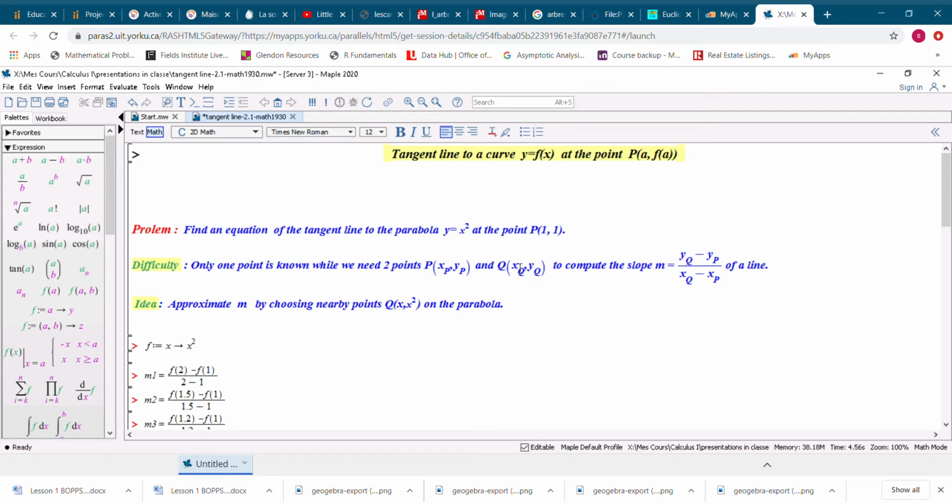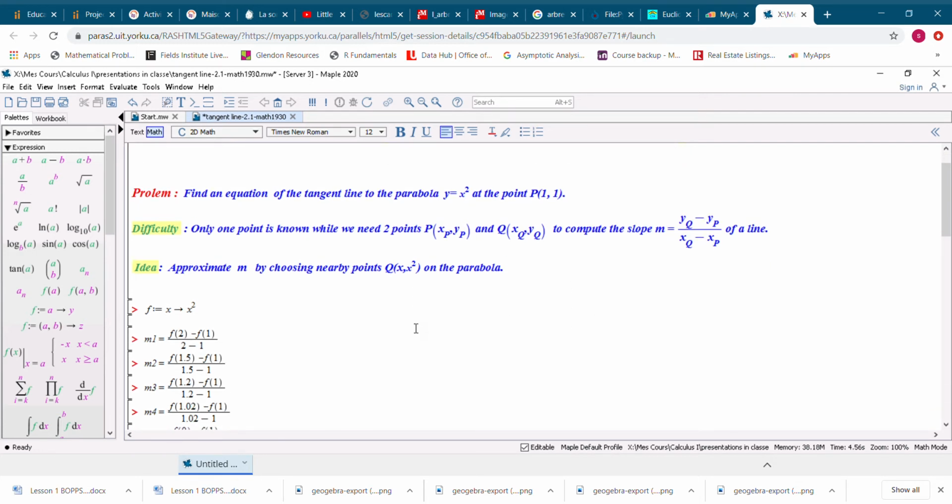If I choose these Q points close to P, I may find something. I will look at how the secant lines behave and see what I can do. So let's do that.